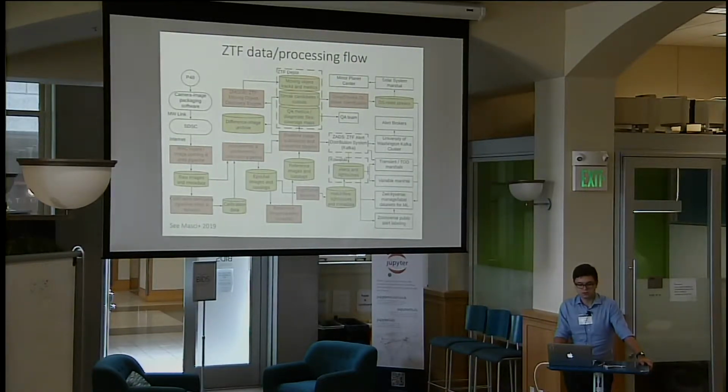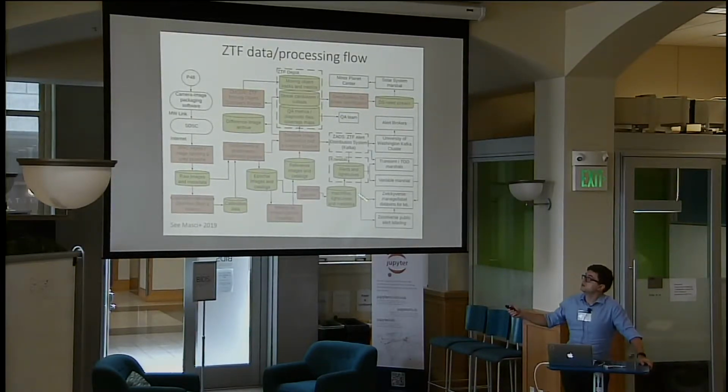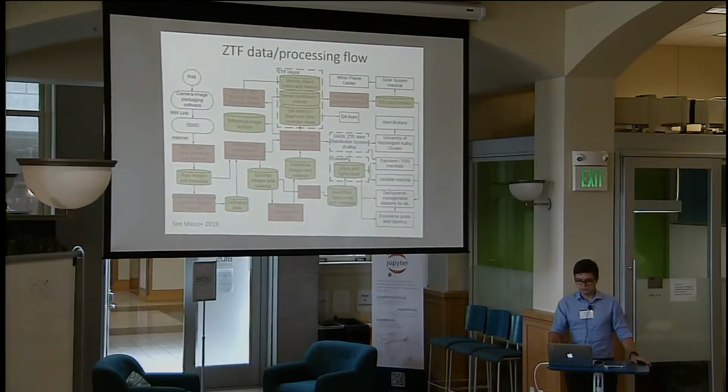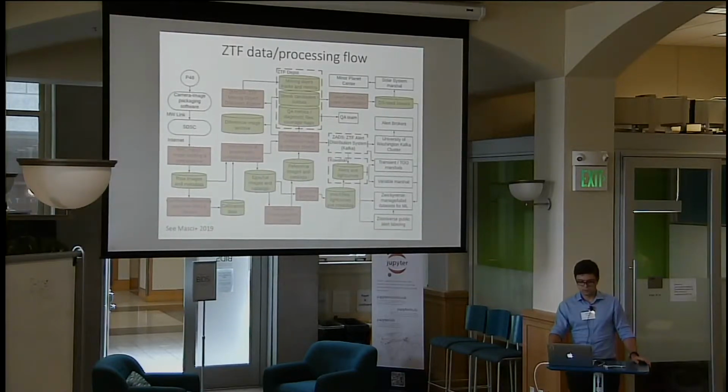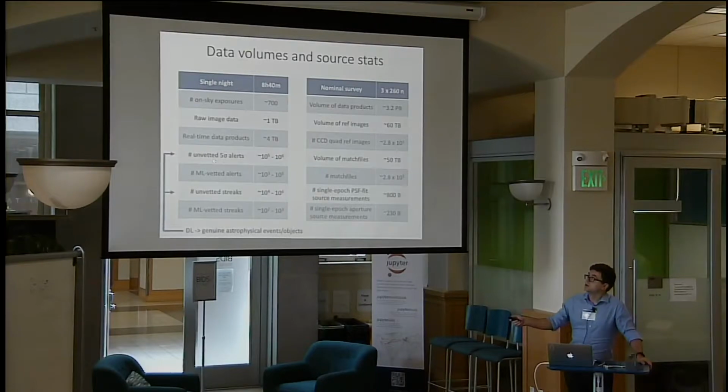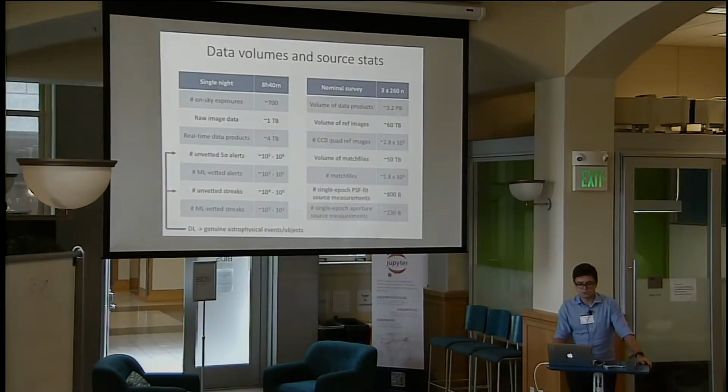This is the thing that generates transient alerts that get sent out to the rest of the world, and it also generates streak candidates for solar system fast-moving objects. We generate on the order of 1 million alerts, and something like the same for streaks as well.